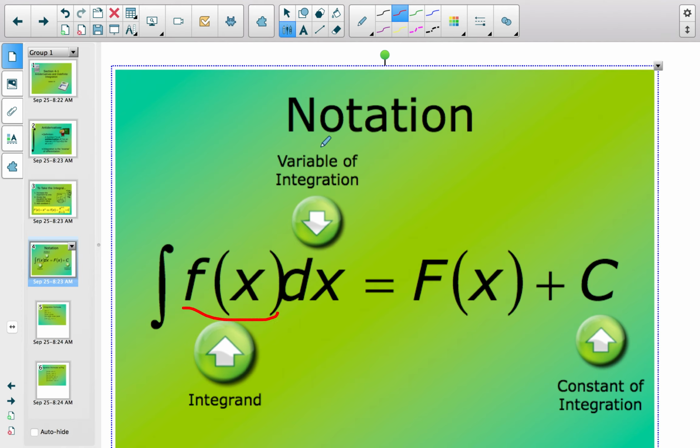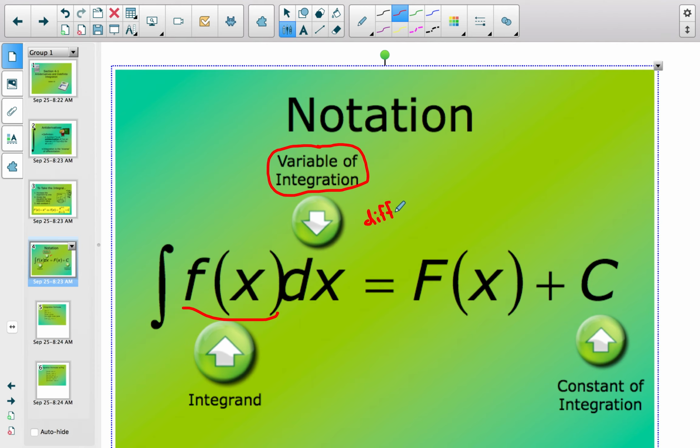This dx specifies the variable that we are integrating. Normally, what we call this dx is a differential. Okay, and we really haven't talked about that, and there's not much of a need to talk about that right now. But that's what it is.